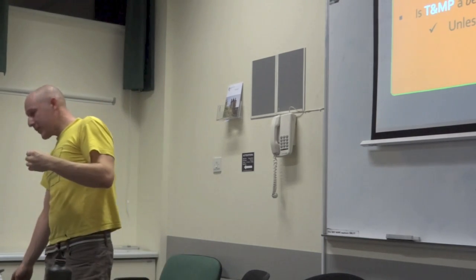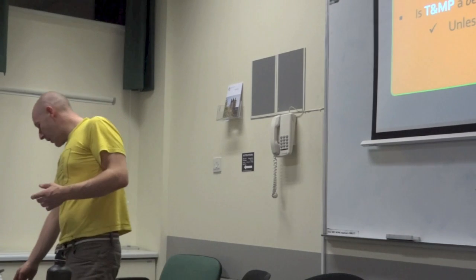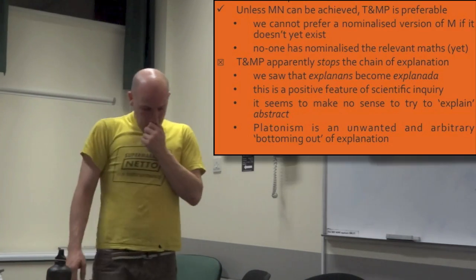I think a reason for thinking that the nominalist can fare well here and say, I don't really want to be committed to mathematical abstracta, I don't think that the mathematically loaded version of your theory is better than this possible conjectural nominalised version that I can come up with, will be this, right?